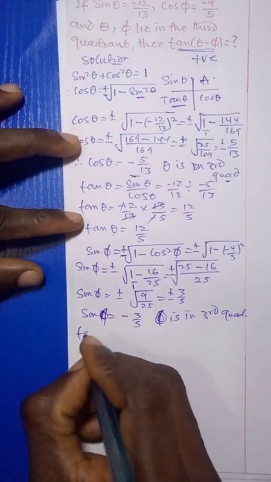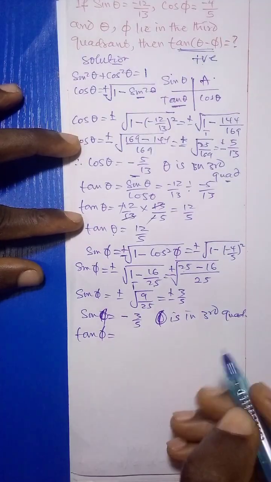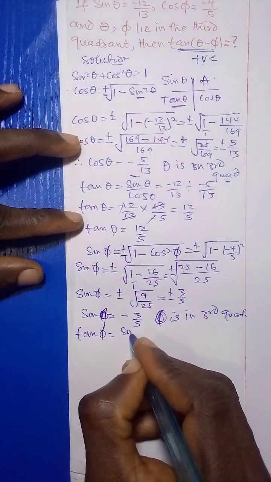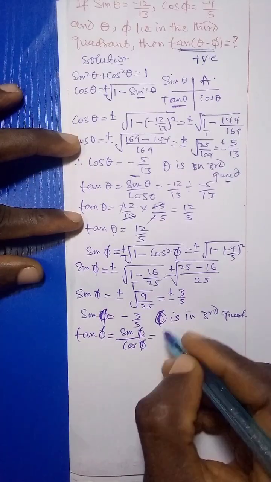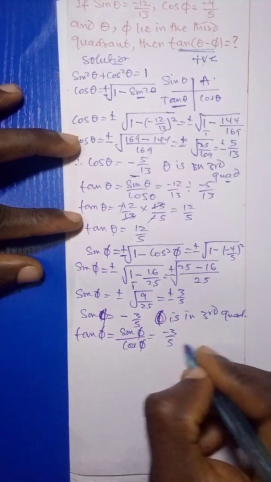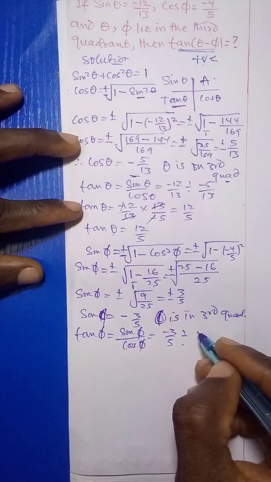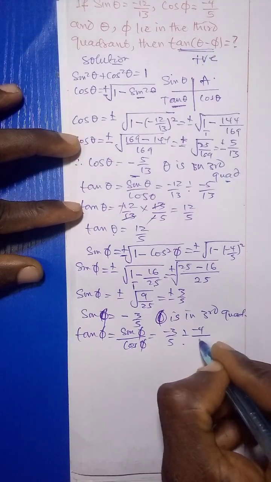Now let us find tan phi. It becomes sine phi over cos phi. That becomes minus 3 over 5 divided by cos phi, which is minus 4 over 5.